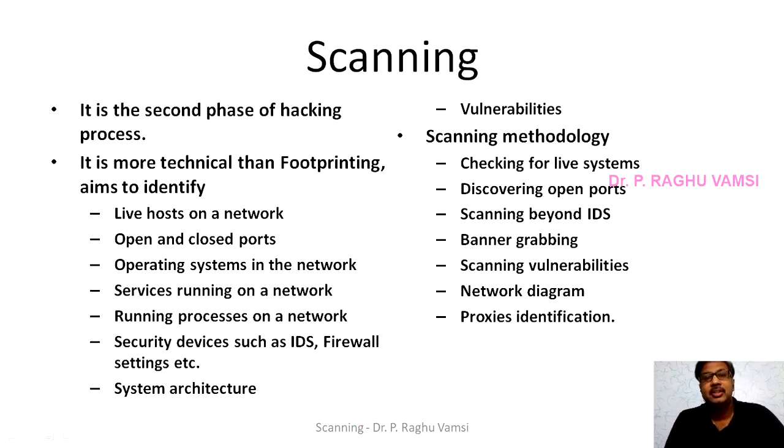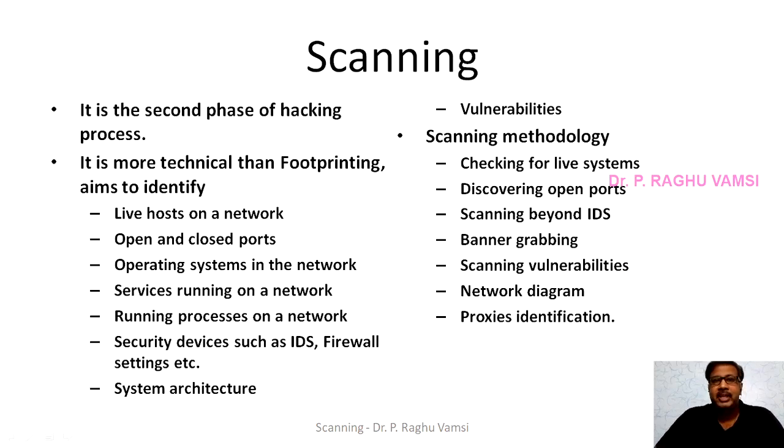The systematic methodology of scanning is, first of all, we need to use a powerful scanning tool, either Nmap or any other scanning tool, for performing the scanning process. In this process, the first step is checking for the live systems.